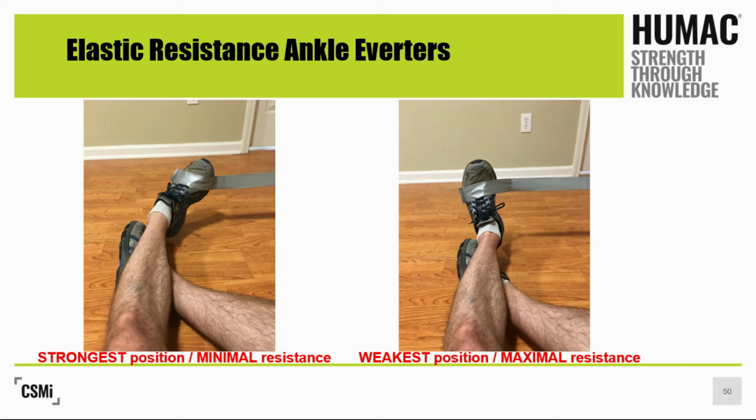But in this position, the everters are at their weakest point. Since we want our patients working the entire range of motion, we set the elastic resistance to match that weakest point. So bands are inexpensive, but they can't maximally strengthen the ankle muscles to the highest capacity like an accommodating resistance isokinetic exercise can.